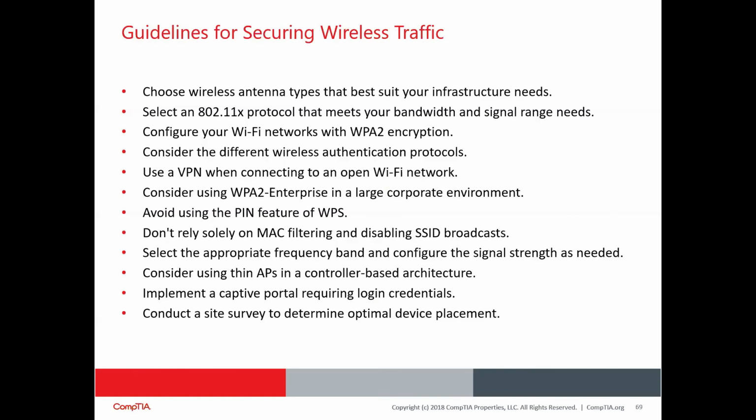And you can use WPA2 Enterprise for a large corporate environment, and try to disable WPS. I would suggest that you use WPA PSK rather than the built-in feature of your access point, which is WPS.